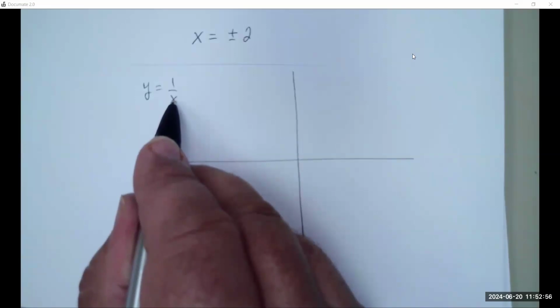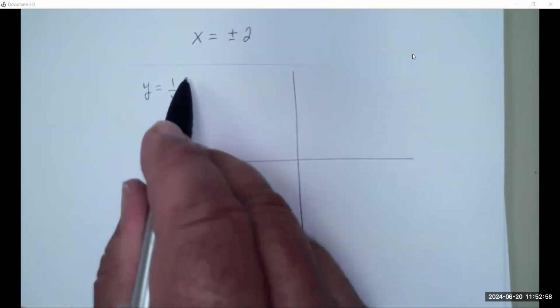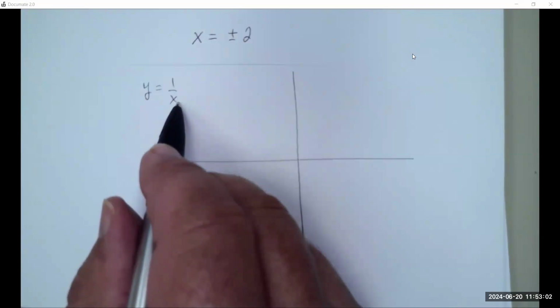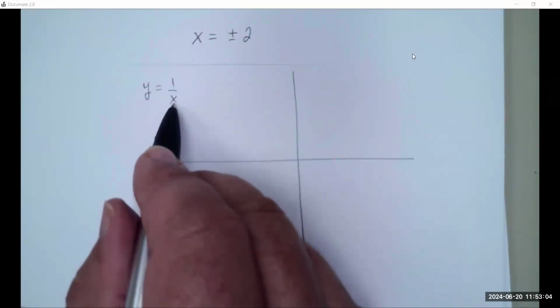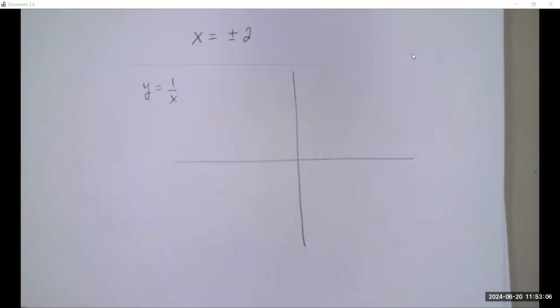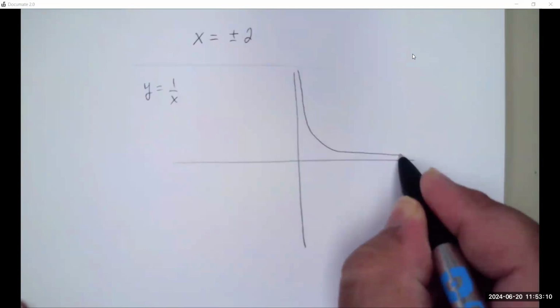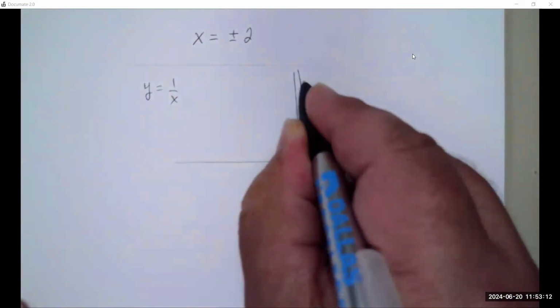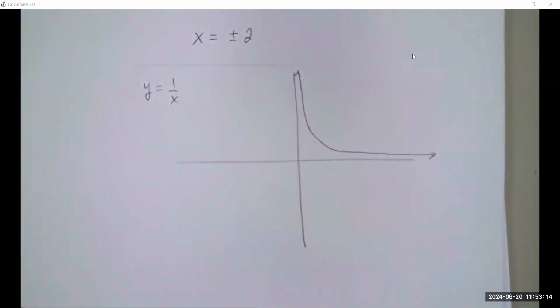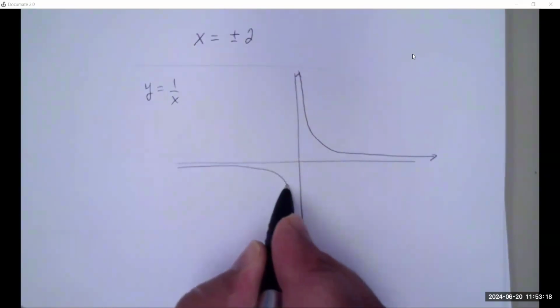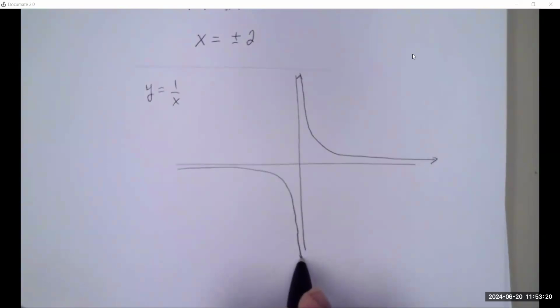When the bottom number gets bigger, what happens to the whole number? It gets bigger or smaller? It gets smaller. So the larger it gets, smaller, smaller, eventually goes towards 0. So the graph looks something like this for the positive side, and it looks something like this for the negative side.